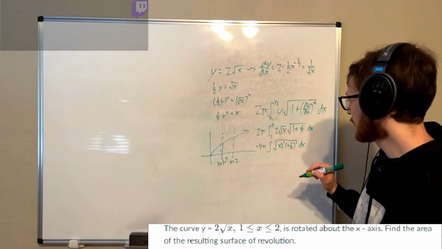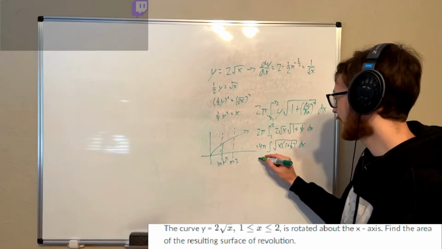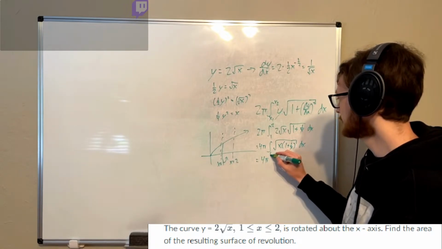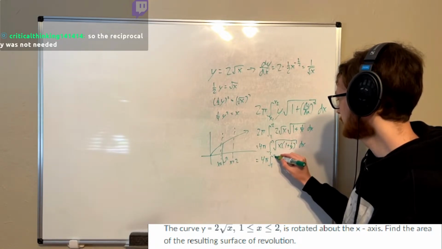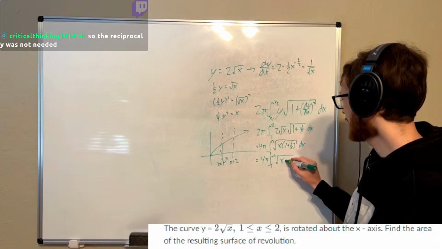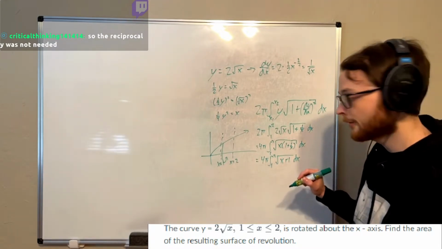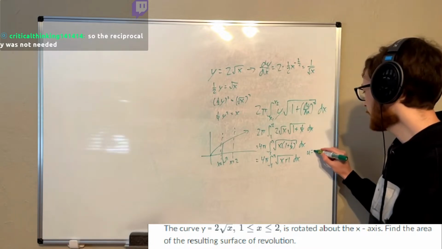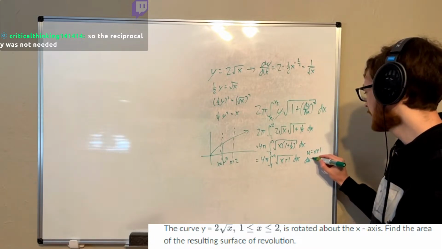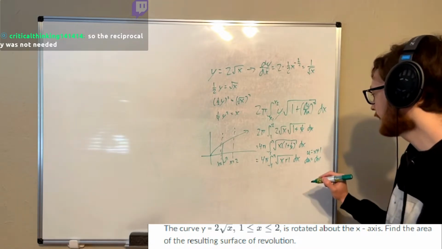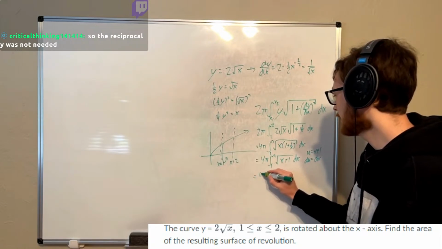And now let's make the integral a lot simpler when we multiply the x inside in the next step. Square root of x plus 1 dx. Now we can just do this with a u sub. u equals x plus 1, du is dx.